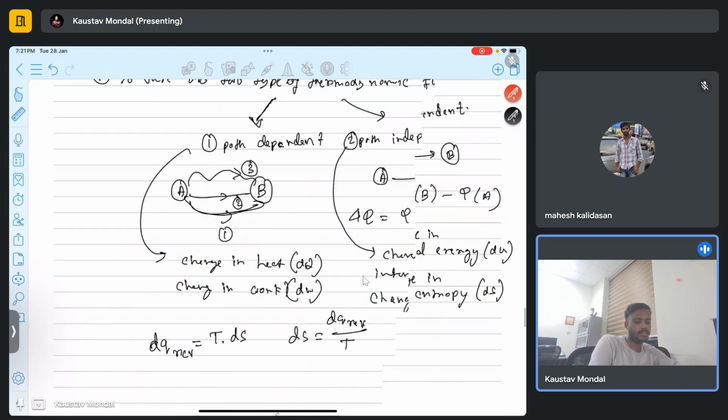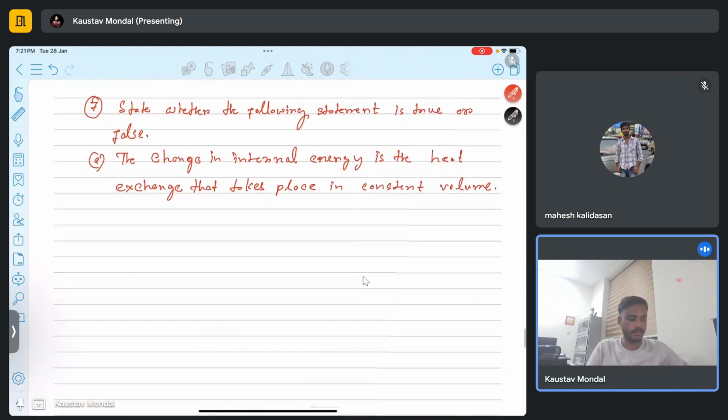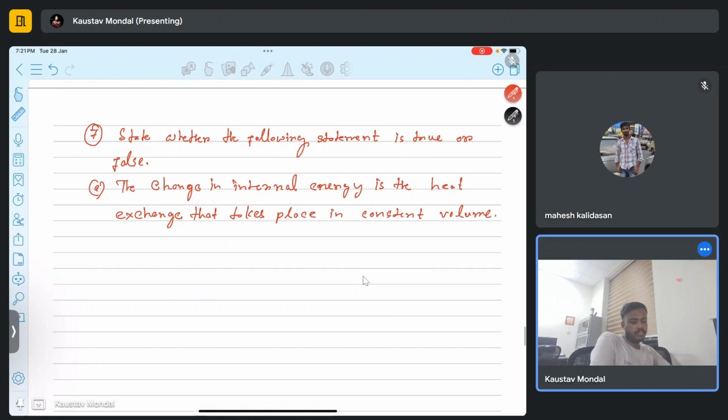So this is the statement that is mentioned. So the change in internal energy is the heat exchange that takes place in constant volume. So you have to show whether this is a true statement or a false statement.